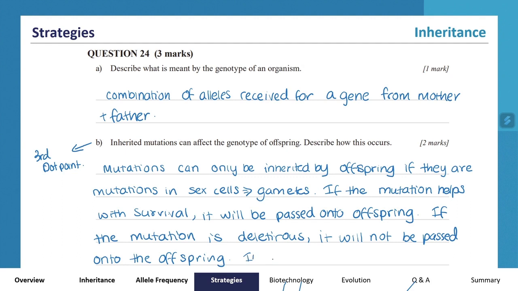If passed, a new allele enters the population and can be passed on to all of the other generations. So in this one, you get 1 mark for saying that mutations can be inherited by offspring if they're in the sex cells. And the second mark comes from just saying that mutations are only inherited if they are beneficial for the survival.